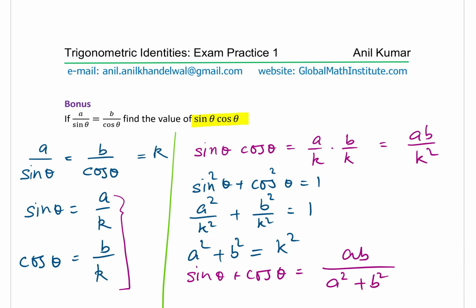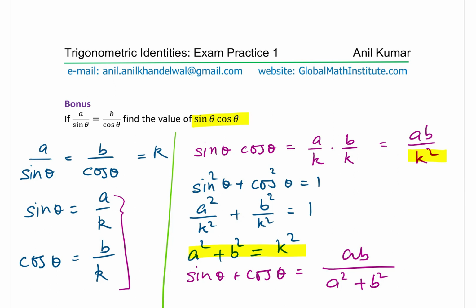We substituted the value of k squared as a squared plus b squared in our expression. So that is how we are going to solve it. I hope that makes sense, and that is how you could do such questions. So that becomes our bonus question for exam practice 1.